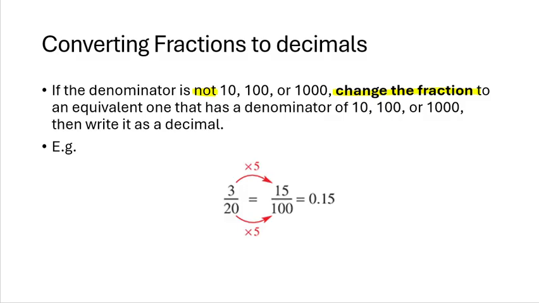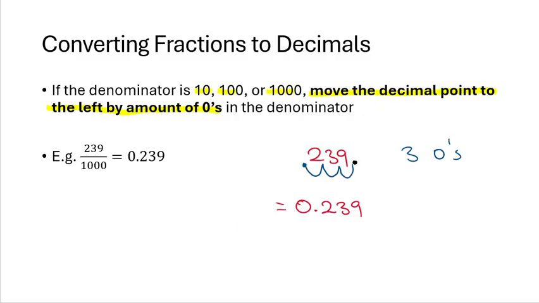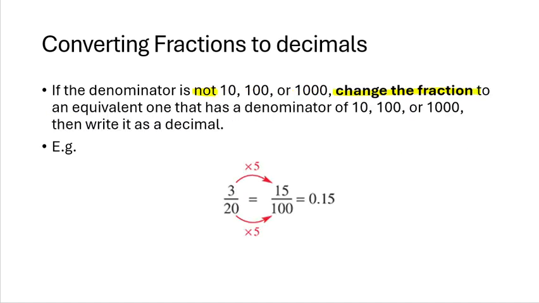I could have done the division route or the multiplying route. It doesn't really matter. You're going to end up with the same one. In this case, I multiplied by 5. So 20 times 5 is 100, and 3 times 5 is 15. So I ended up with 15 over 100. Then, because you learned how to convert from fractions to decimals using the step here, you'll end up with 0.15.